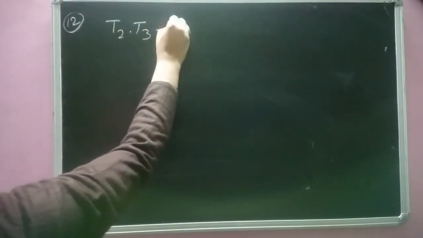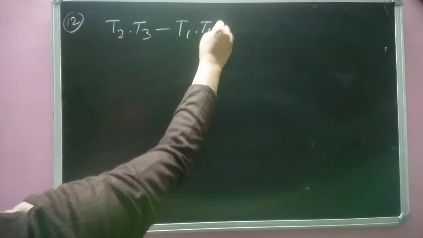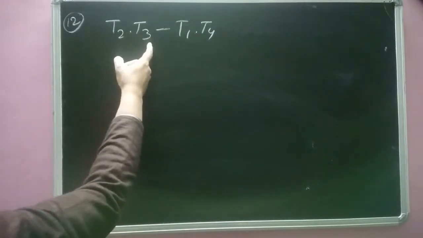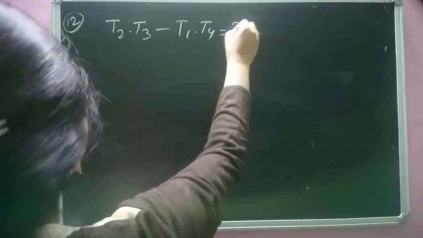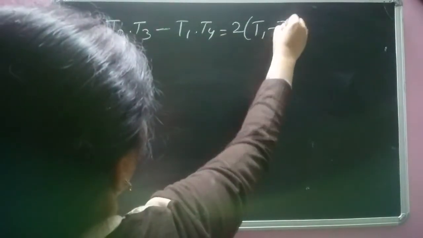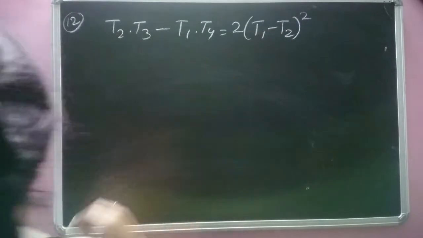So the question says that you have to prove that T2 into T3 minus T1 into T4 is equal to twice the square of T1 minus T2.